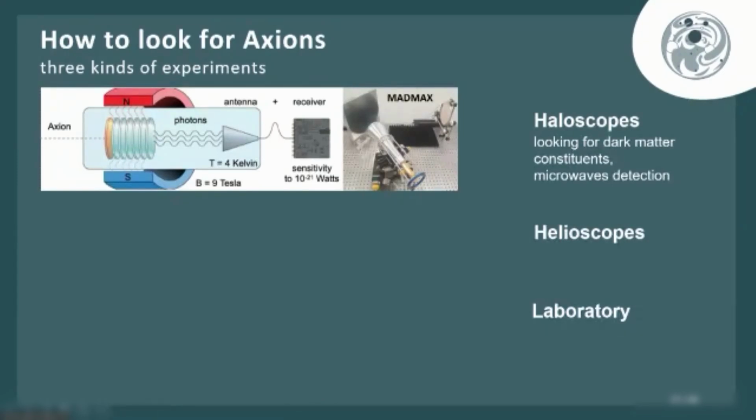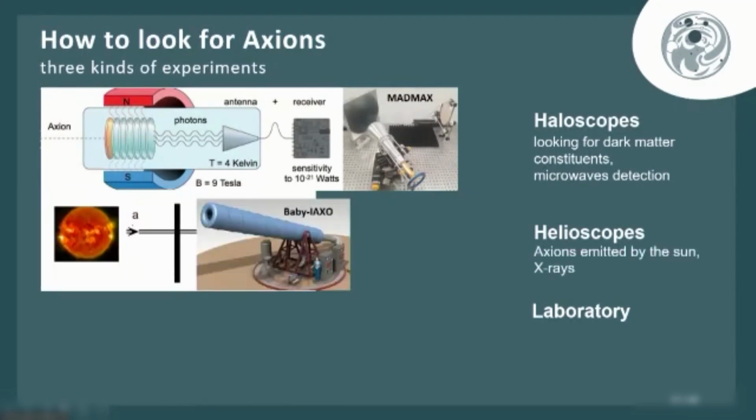dielectric disk materials inside a very strong magnetic field. Haloscope, we're waiting for an axion from the halo of the galaxy to convert on this dielectric disk, turn into photons, and we want to receive the signal of these photons in the gigahertz range. So this experiment works in the gigahertz range.